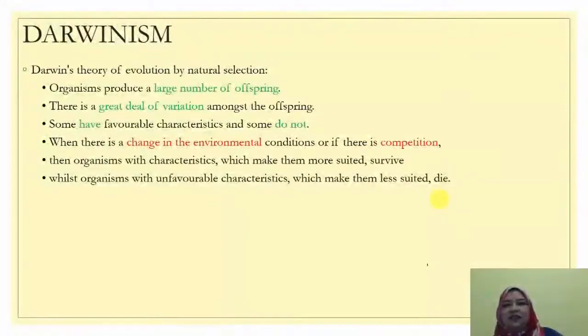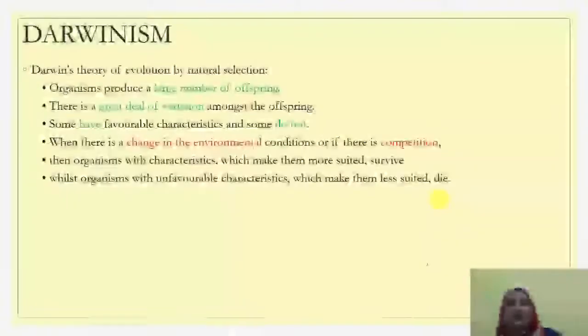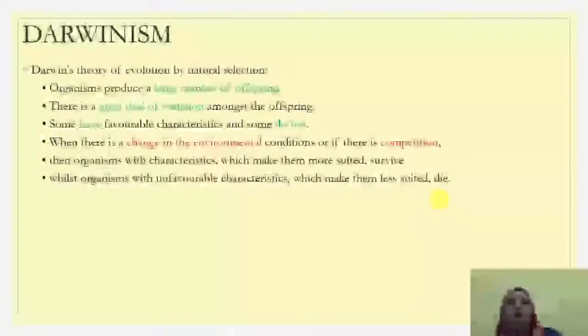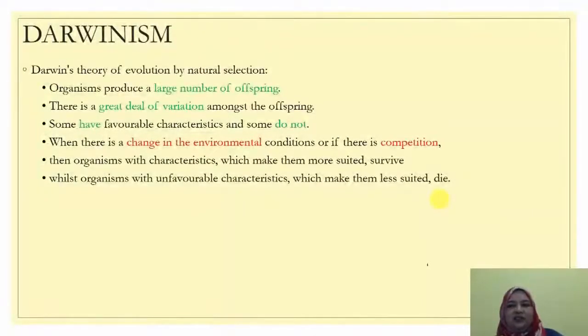If something happens in the environment, there is a sudden flood or temperature changes suddenly, or a new species moves into the area, now there's competition for resources, right? Then those individuals within that population that have that particular trait that makes them outcompete the other individuals, they will survive because they get to the resource first, or they are able to withstand the change in the environmental conditions.